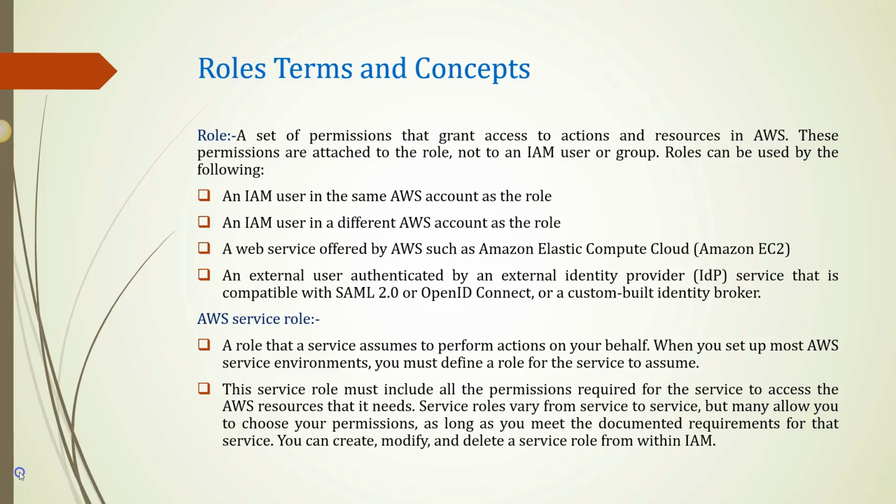Second is an IAM user in a different AWS account than the role. Third is a web service offered by AWS such as Elastic Compute Cloud. And last is an external user authenticated by an external identity provider service that is compatible with SAML 2.0 or OpenID Connect or a custom-built identity broker.